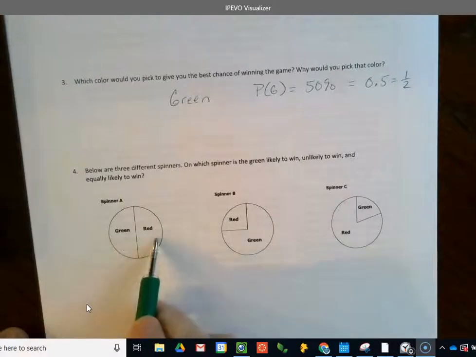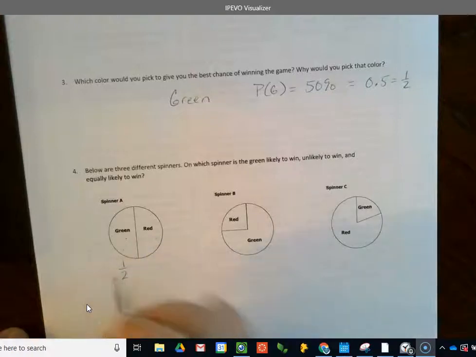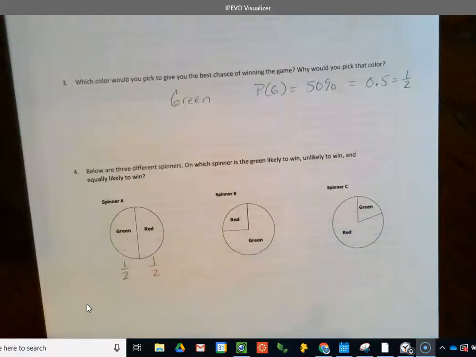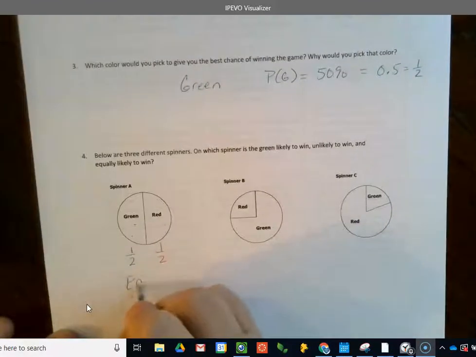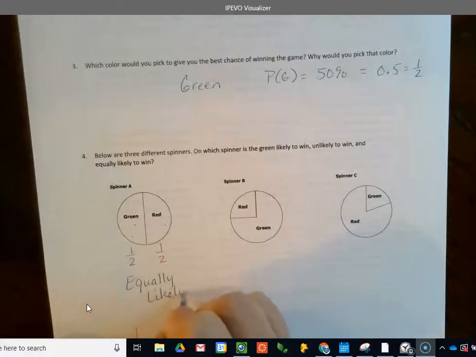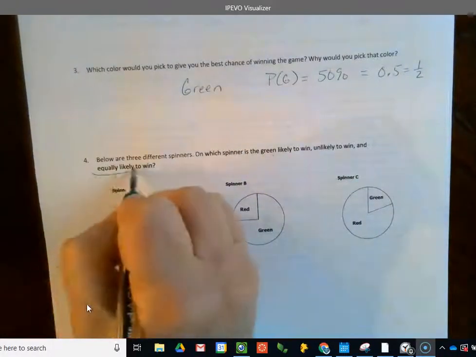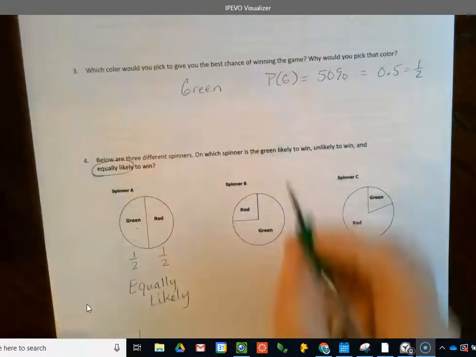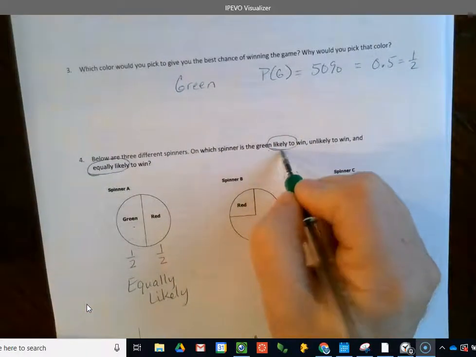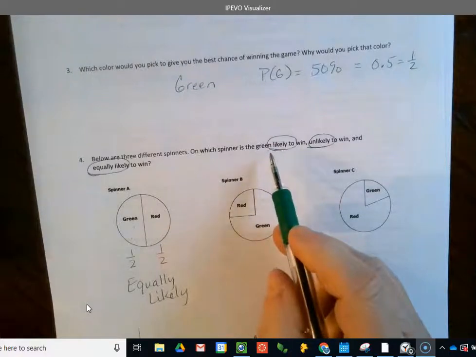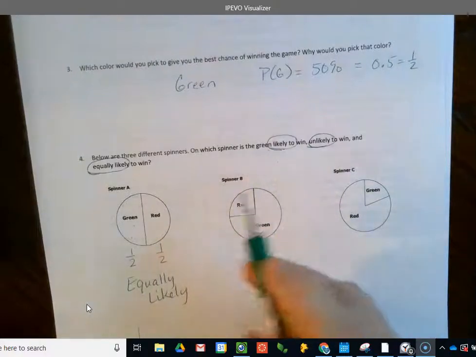If you notice here, we have 1 and 1. So 1/2 is green and 1/2 is red. Therefore, we call that equally likely. Equally likely for green to win. We also want to look for likely and unlikely. Likely means I have a greater chance than 1/2.